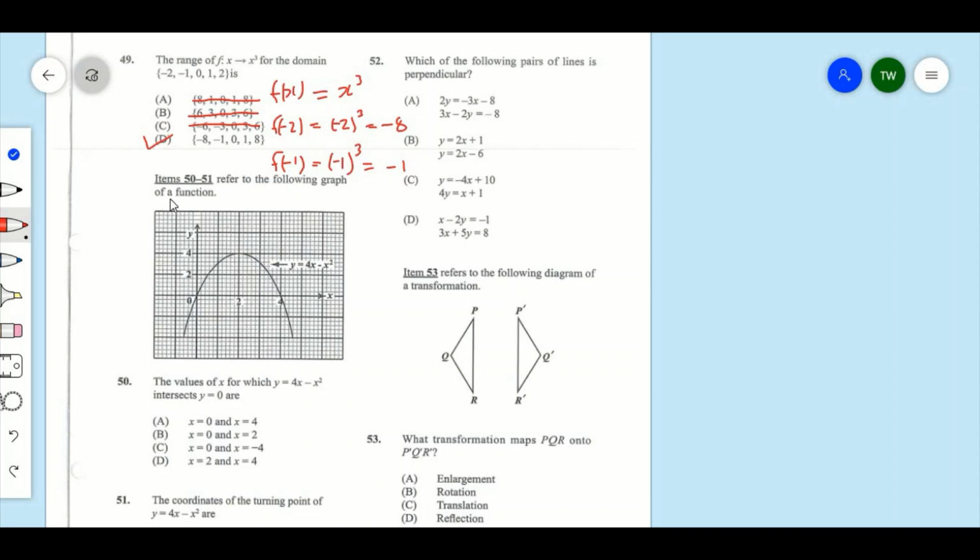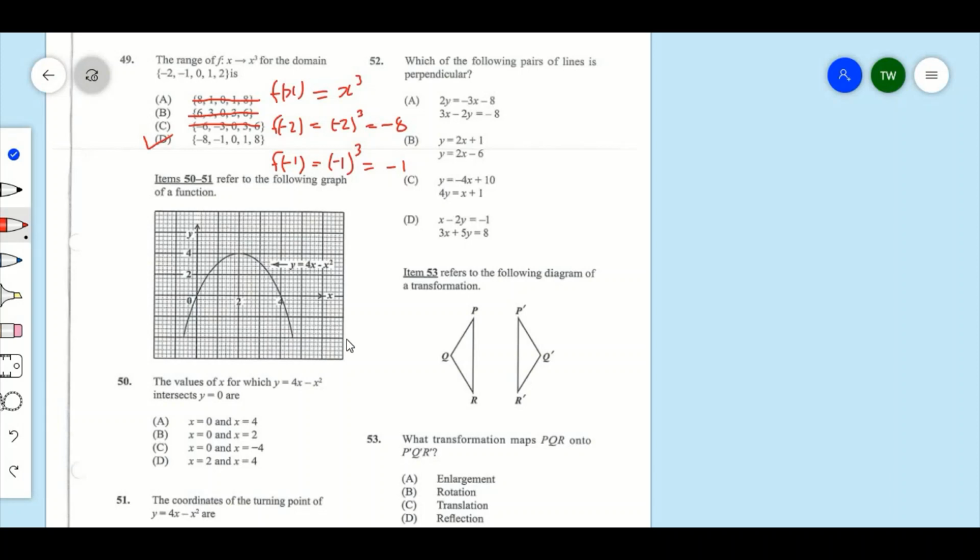Now to item 50 to 51 refers to the following graph of a function. And here this is a quadratic function. Now item 50. The values of x for which y is equal to 4x minus x squared intersect y equals 0 are... Now when y is equal to 0, the x-axis, that's what they are talking about.